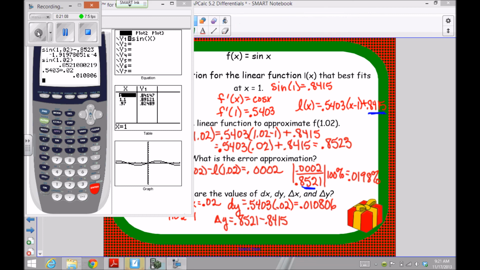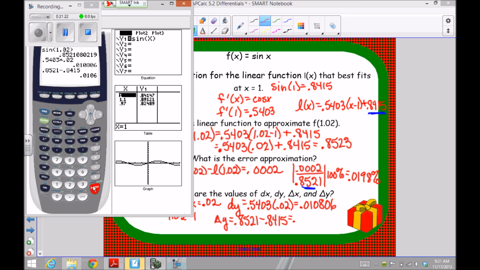So my delta y is that right there. And if I subtract those, 0.8521 minus 0.8415, then I have 0.0106. And that is awfully close, within 10 thousandths. So therefore, I do know that my delta y is approximately equal to dy. Right? And that's our goal.